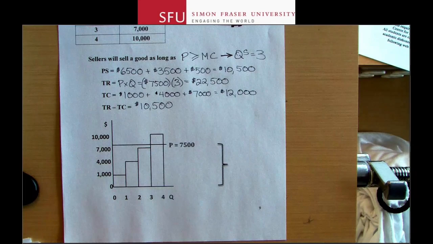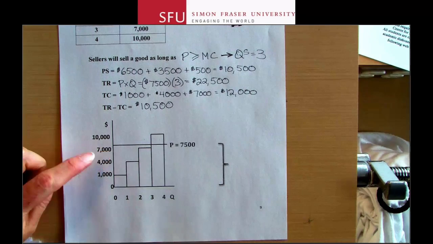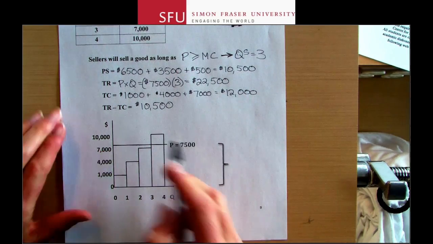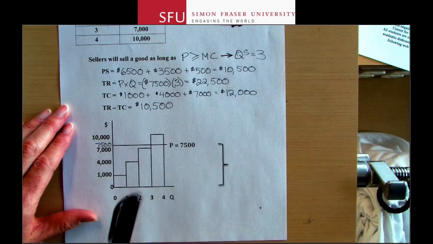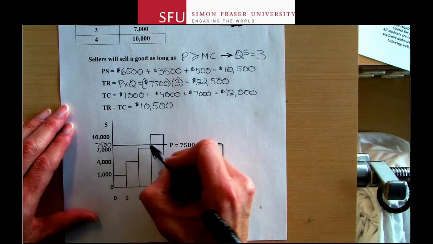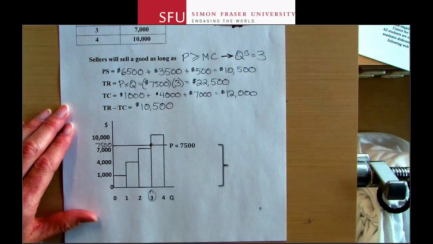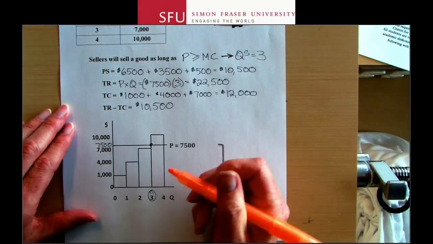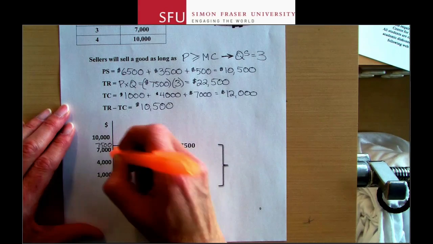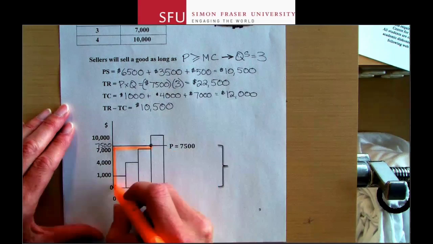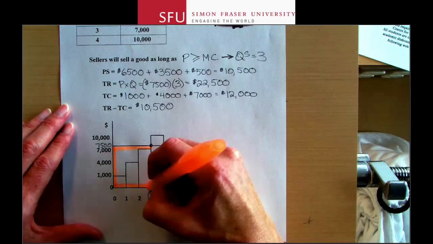Okay, so now let's see where these areas are on the graph. The price is here at 7,500, and they sell 3 cars. The total amount they get paid is the rectangle, which is the price times the quantity. So this is their total revenue.